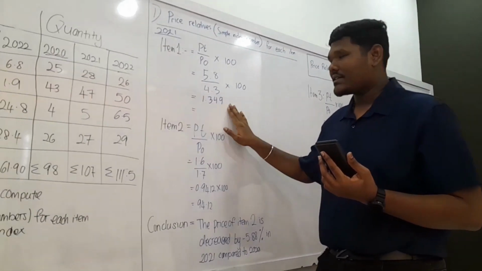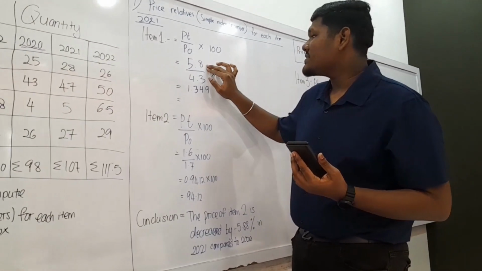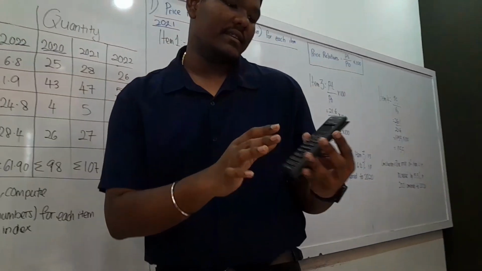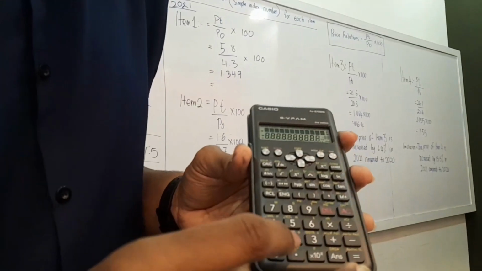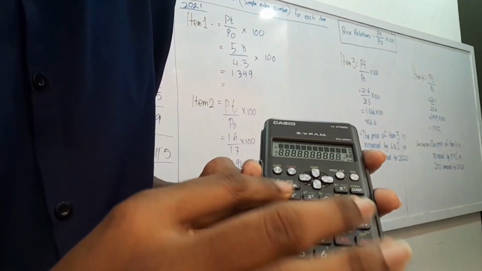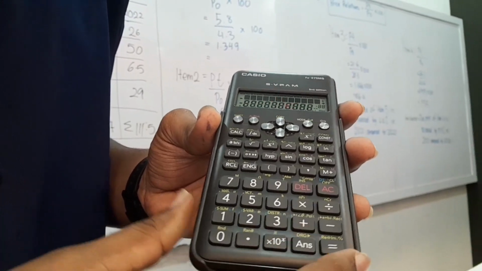How did I get this answer? First we do this calculation, 5.8 over 4.3, and I'll show you on the calculator.